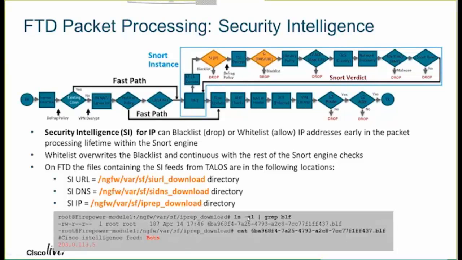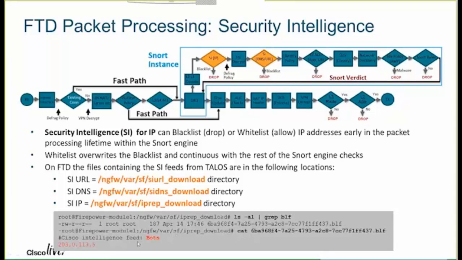This is how the file would look depending upon what your security intelligence configuration is. Here I've given an example of IP reputation. The grep for .blf actually stands for blacklisted IP addresses. If you open up this specific location under IP reputation download, you would have this specific file .blf, which is basically the blacklisted IPs.